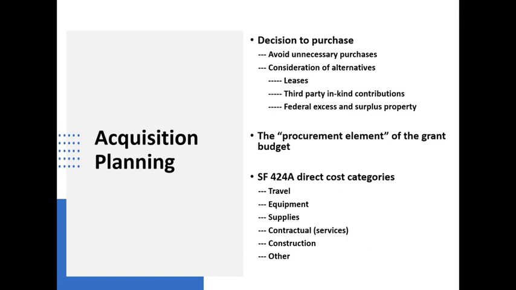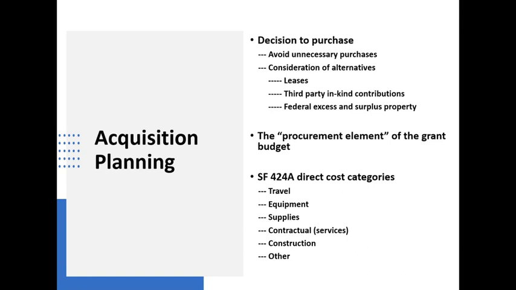The other thing they want you to do is to, even though you're authorized to purchase, consider alternatives, such as leasing it rather than purchasing it outright, or receiving third-party in-kind contributions, where somebody donates services or goods to your project or program. That's a great thing to have happen, and what it does is displace the need to expend funds on allowable cost.